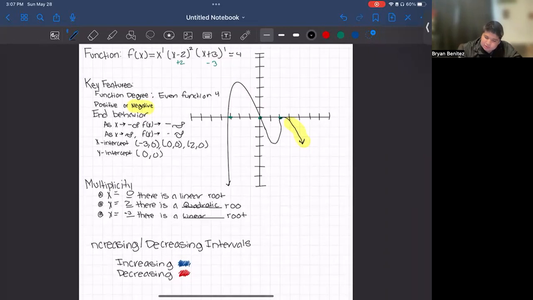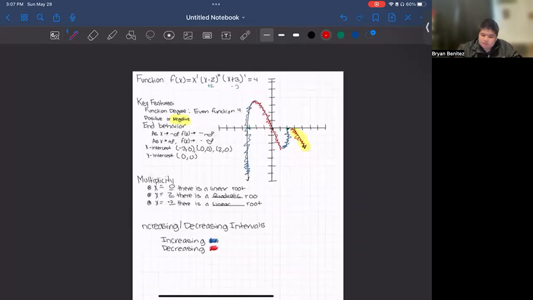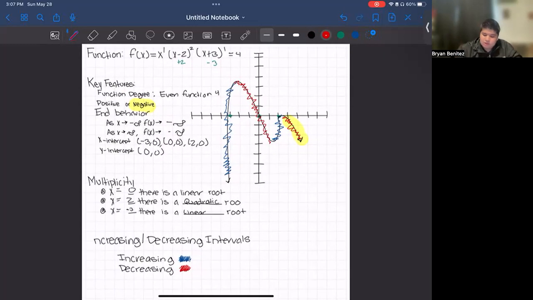Same thing as last time, it is increasing because it's going up all the way up to here, and then it's decreasing, so it's going down, and increases as well up here, and then it goes down again. Okay, and this concludes how to graph a polynomial function with a quadratic and linear root.